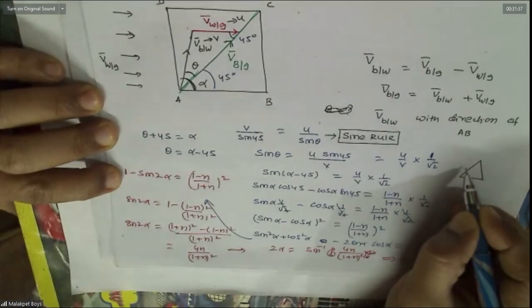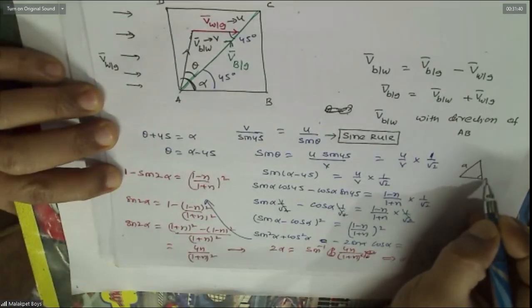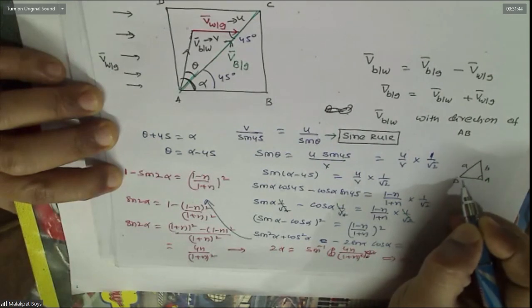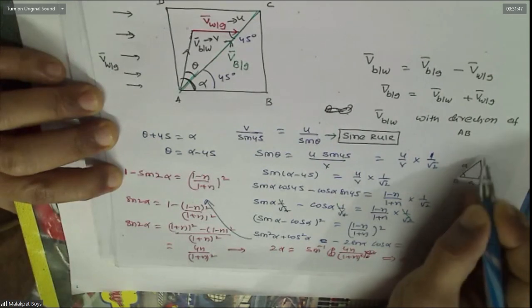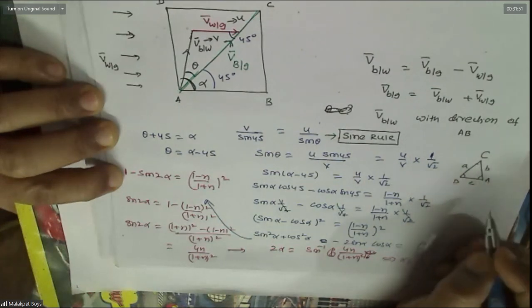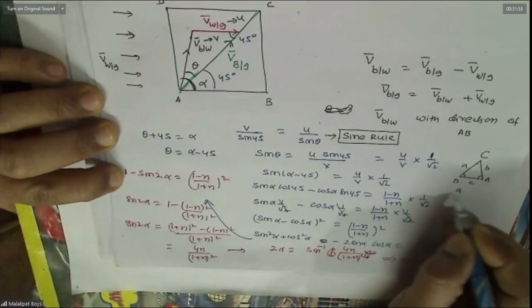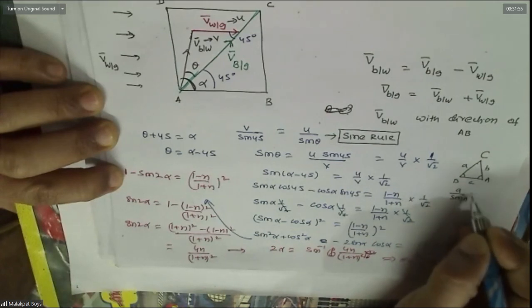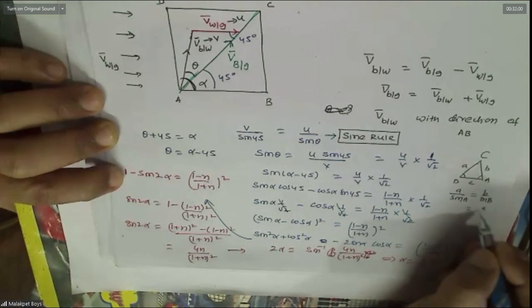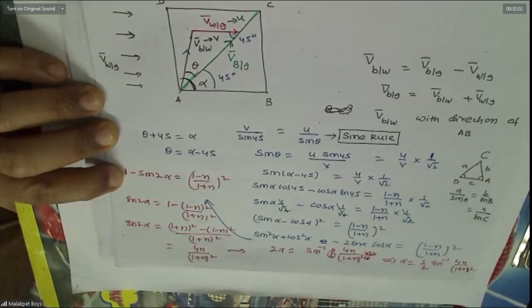See here, suppose this is A, this is B, this is C. You have A by sine A, B by sine B, C by sine C. This is the sine rule.